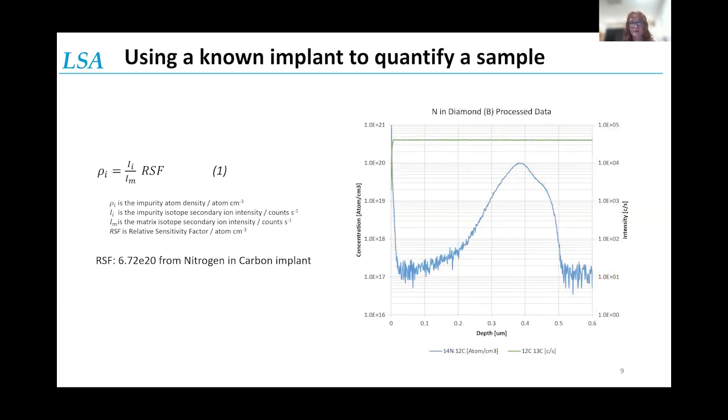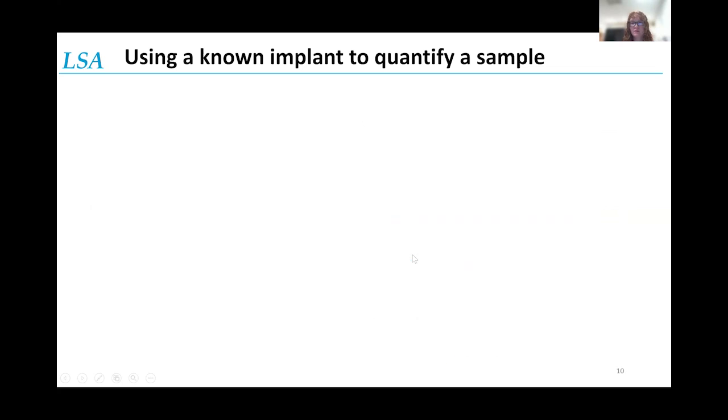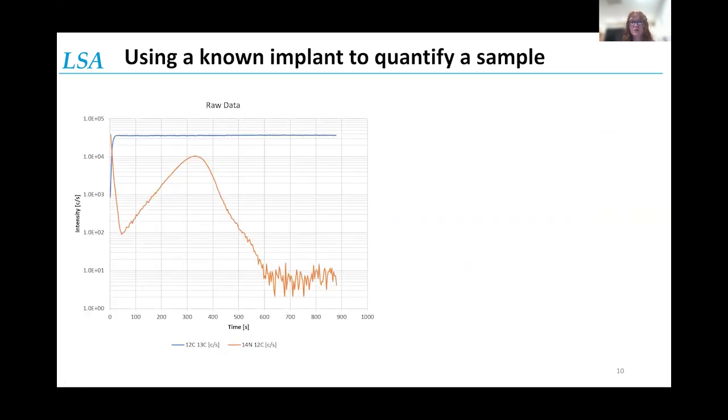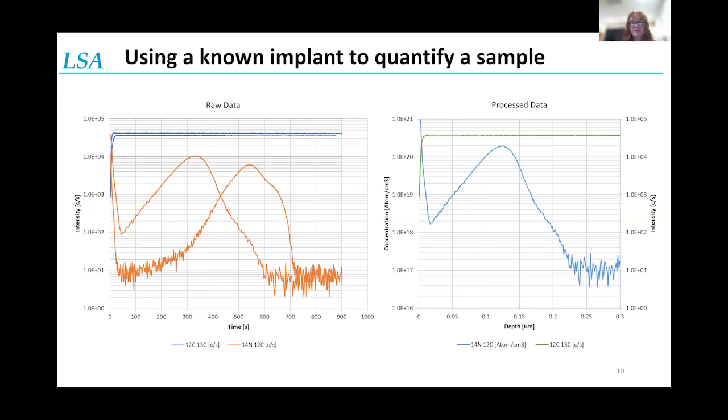And we can quantify it. So from our raw known sample, we can process this, and we have quantified our known sample. Then running an unknown sample under the same conditions, we are able to process this to work out how much nitrogen has been dosed into the sample.